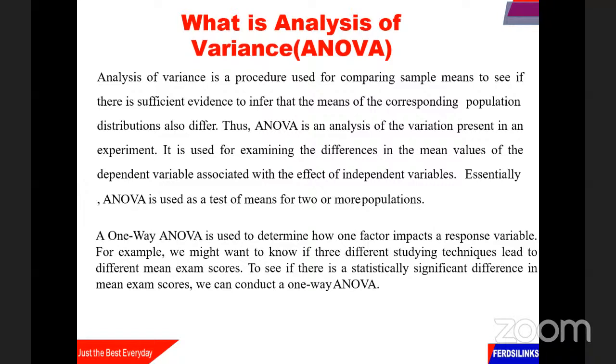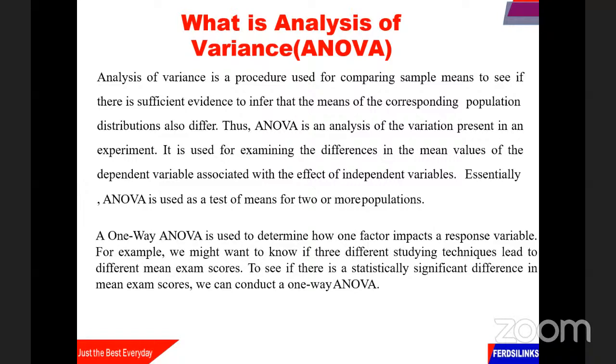One of the key conditions is that we should have more than 2 groups. So analysis of variance is an extension of the independent sample t-test. If we are trying to evaluate the performance of group 1, group 2, group 3, using ANOVA, the independent sample t-test will not be it, right?